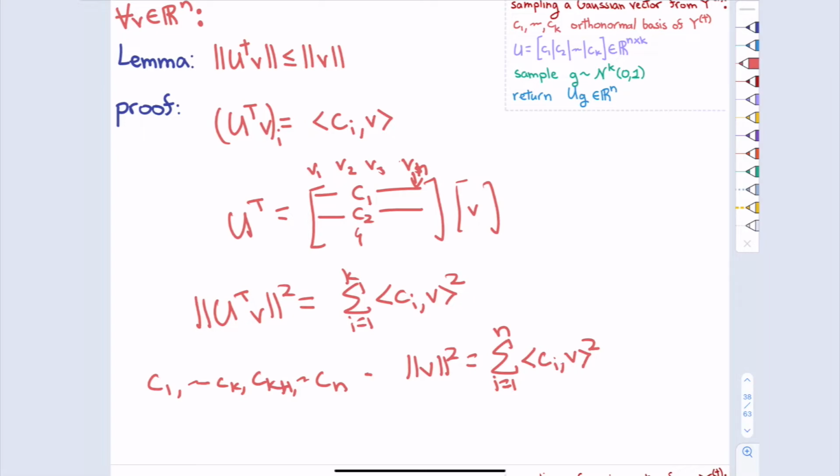Whereas up here, the squared norm of u transpose v is just the first k terms. So clearly this sum has some extra non-negative terms compared to that one, so this thing is at least that thing.